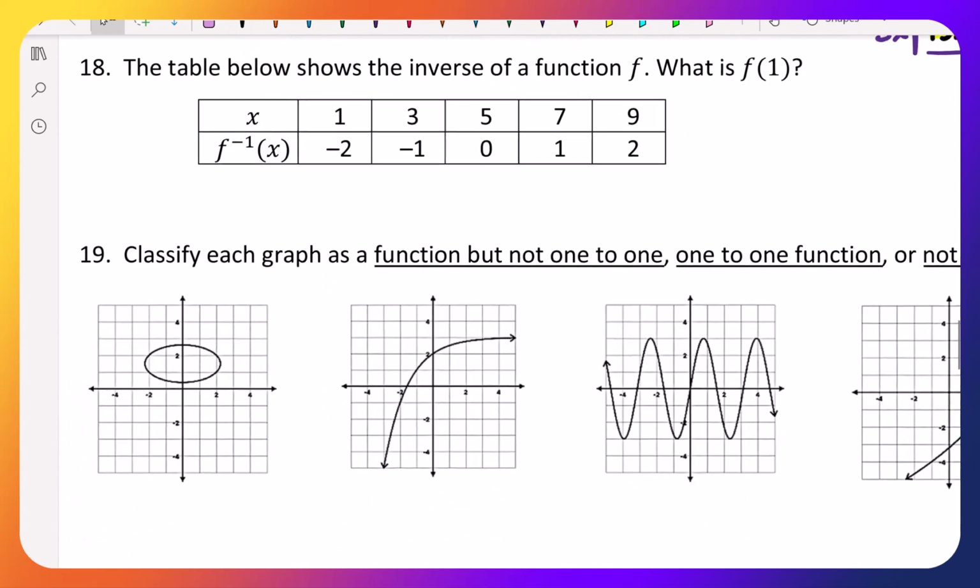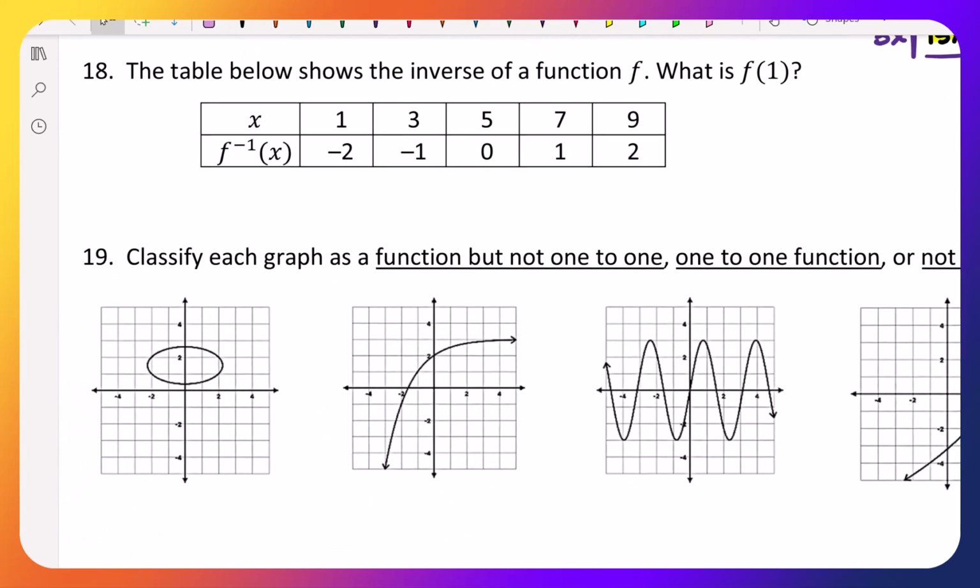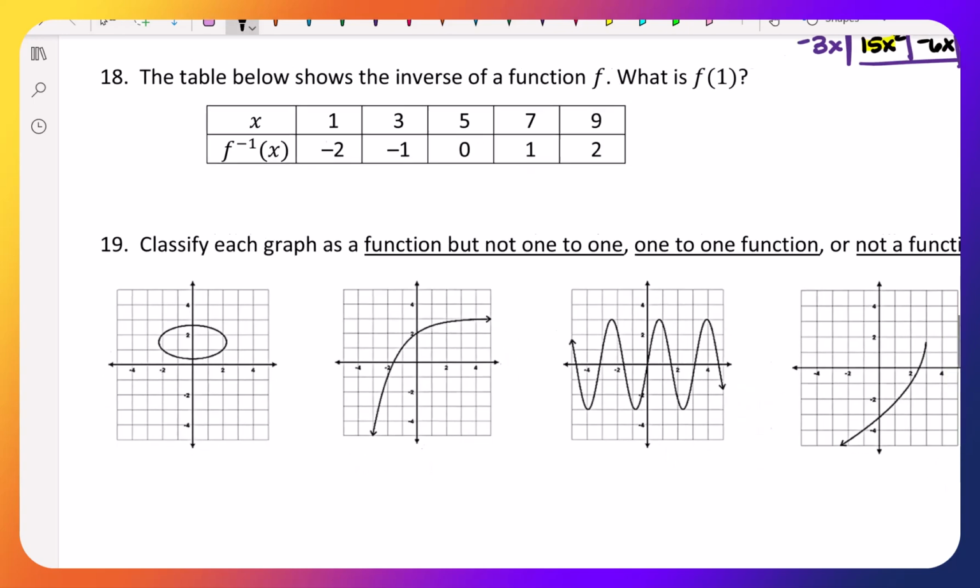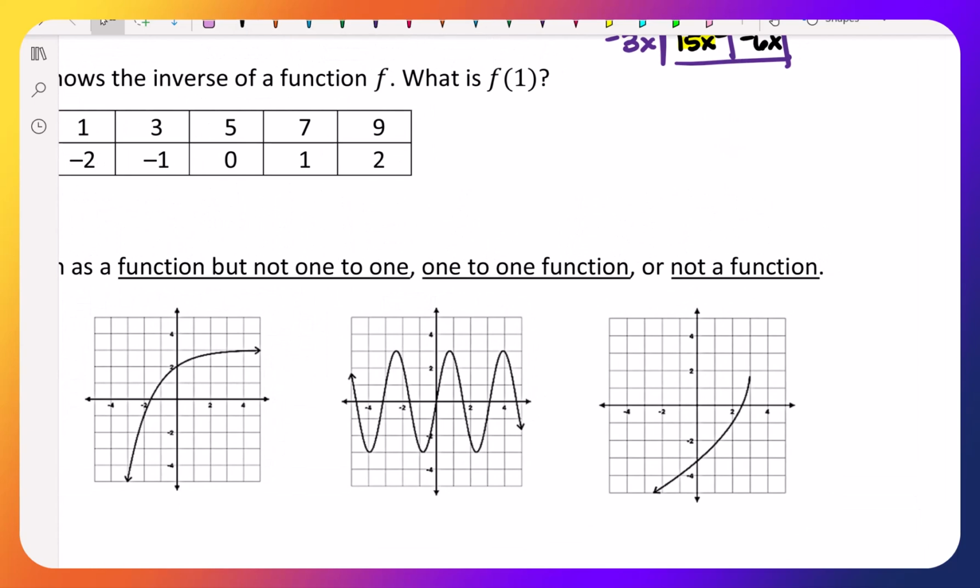Okay, so we're on question number 18. For us to answer this question, we really need to understand the theory behind the function and its inverse. And I've said it multiple times, but it's kind of hard to remember sometimes. But you have to flip-flop your x and your y. So that's the same thing for your domain and your range.